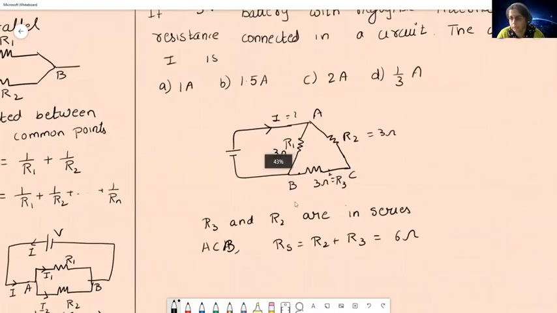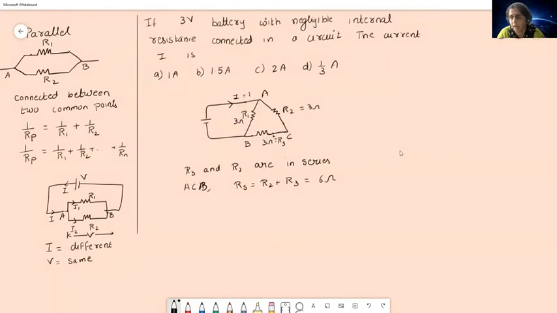Now this Rs and R1 are connected in parallel between A and B. You can see here, between A and B, you have one branch having Rs and another branch having R1. Isn't it? They are parallel. The voltage is going to be 3 volt. So here I'm going to get the total resistance.